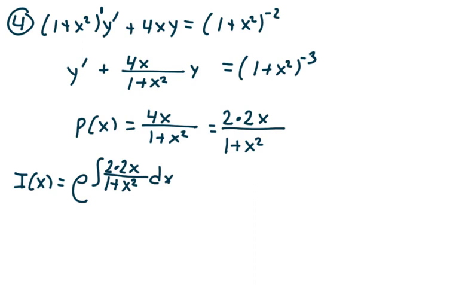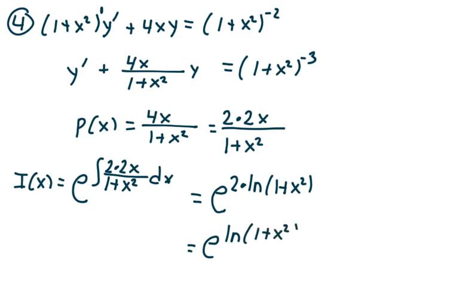Okay? But this is e to the 2 times the natural log of 1 plus x squared. And this is e to the natural log of 1 plus x squared, all raised to the second power. So therefore, I of x is equal to 1 plus x squared, all raised to the second power.